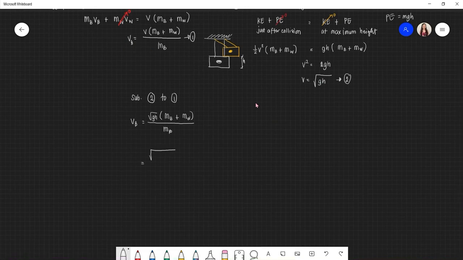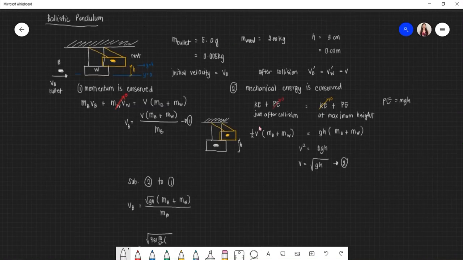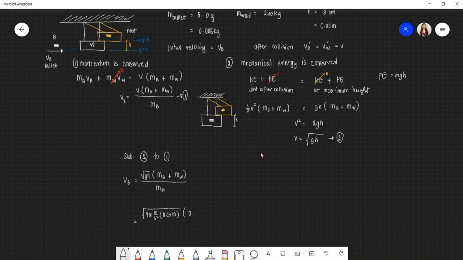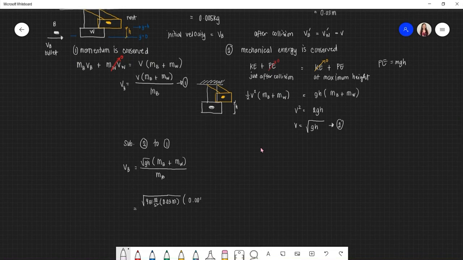So square root of 2 times acceleration due to gravity, 9.81 meters per second squared, times the maximum height reached by both, 0.03 meters. And then the mass of the bullet is 0.005 kilograms plus the mass of the wood, 2 kilograms, divided by the mass of the bullet, which is 0.005 kilograms.